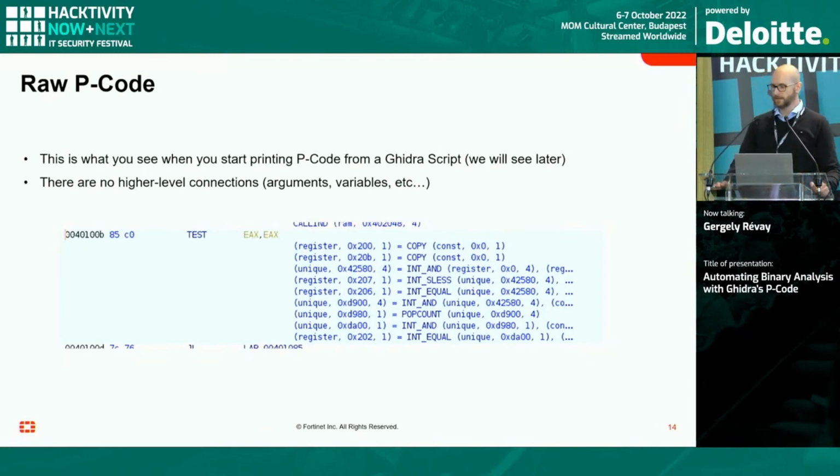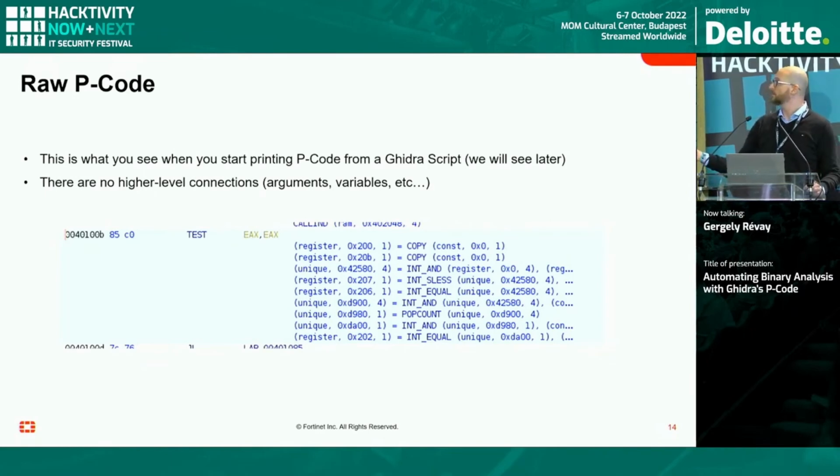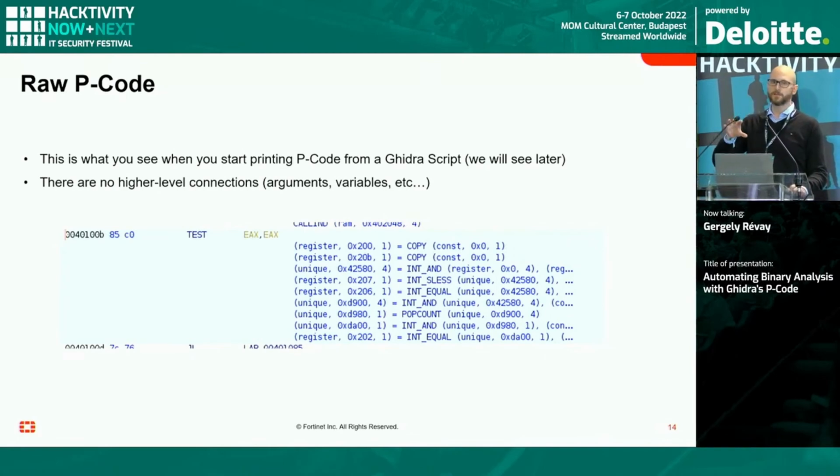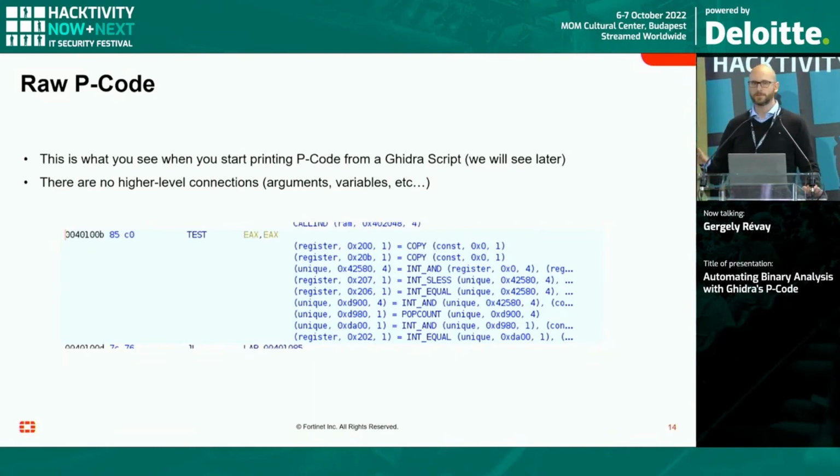Basically, raw P-code is the first stage. What you can see in Ghidra when you enable P-code, or what you see when you just list the P-code for an instruction. This is a clear translation of one particular instruction to a set of P-code operations.